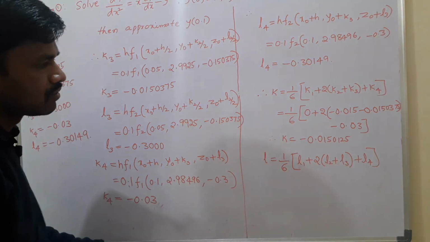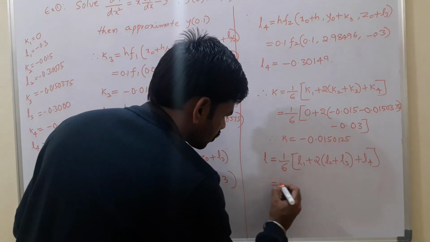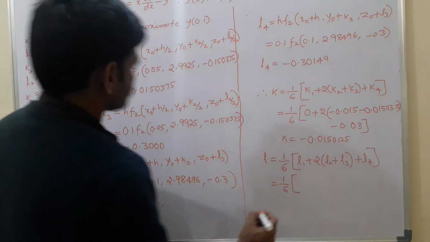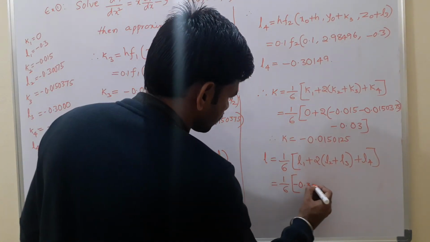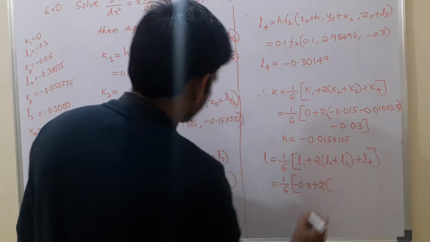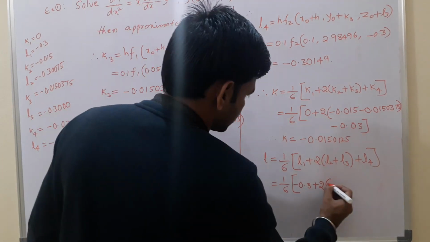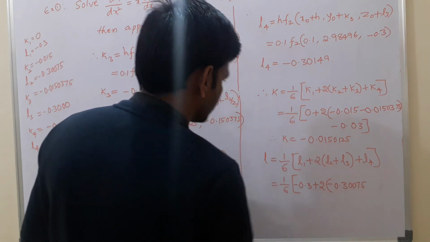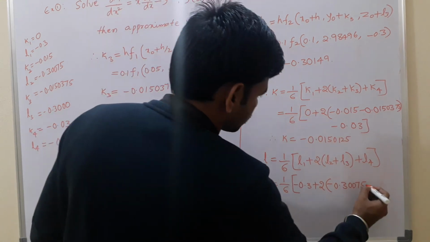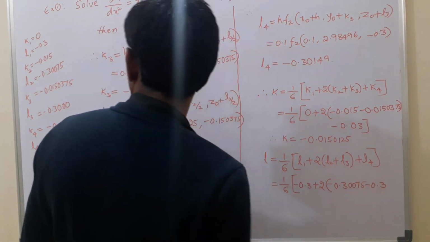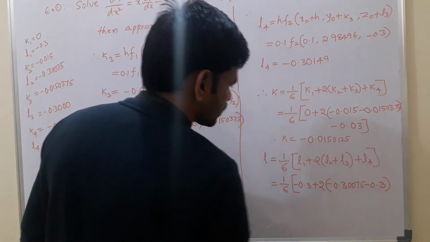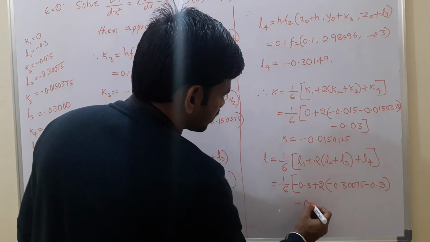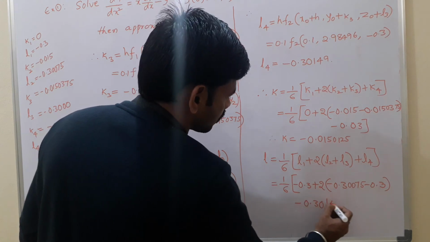Now substituting the values of L1, L2, L3 and L4, 1 by 6 of L1 is minus 0.3 plus 2 into L2, which is minus 0.30075, L3 is minus 0.3 and L4 is minus 0.30149.